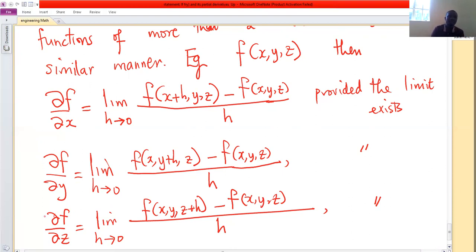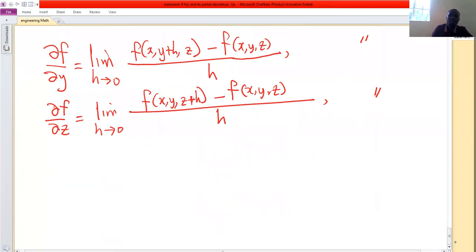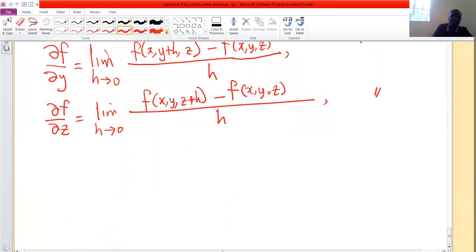Similarly, if you are getting partial derivative of the function with respect to z, only z is taken to be the variable, and other variables in that given function are assumed to be constant. And when you are asked to find partial derivative of a function, and you use these definitions to give the answer, then we say that you are finding the partial derivative by first principle. So note that point.